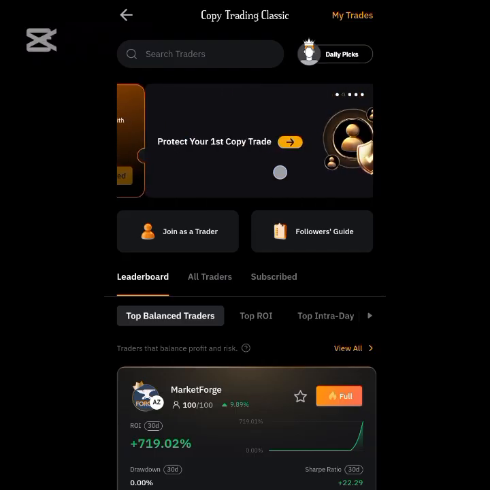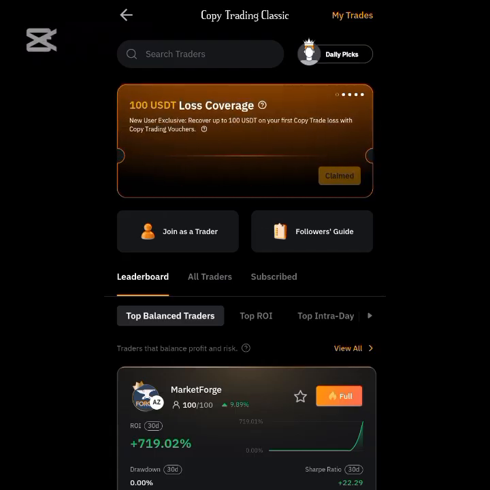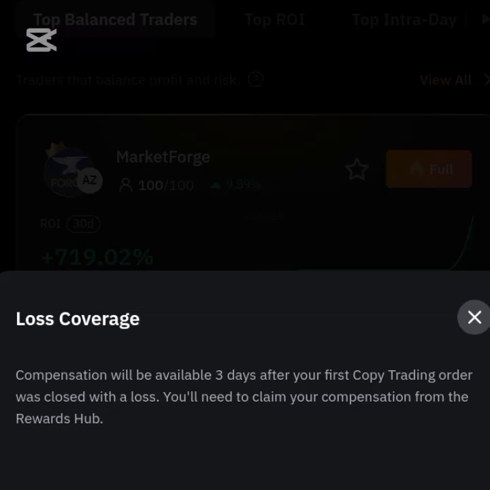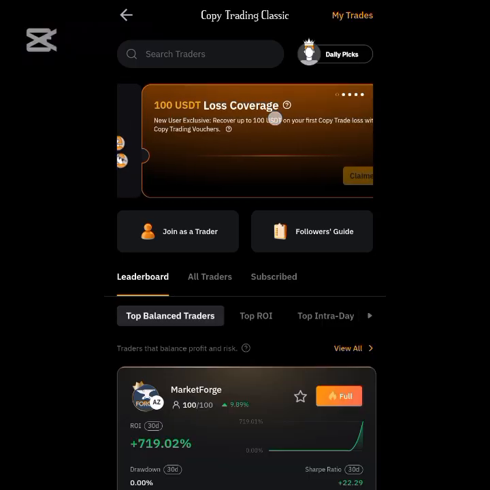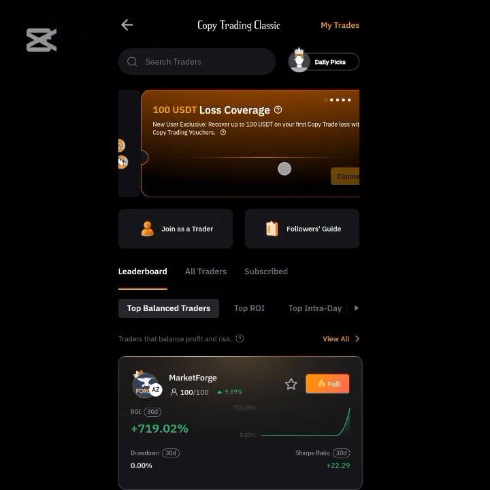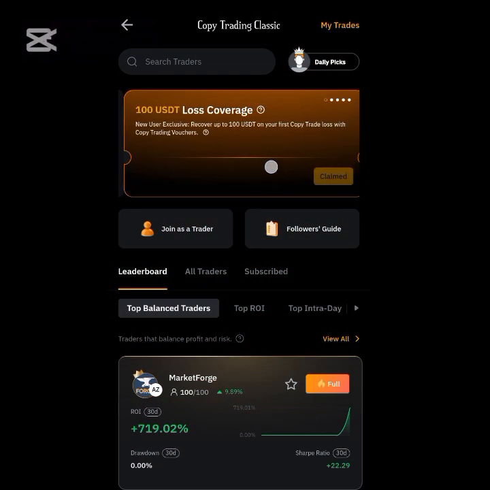So we have successfully claimed the voucher. New user exclusive, recover up to $100 on your first copy trade voucher. So basically you have received a $100 voucher for this purpose. Any loss we incur for the first $100 we are trading with will be voided. So they said you have successfully claimed. Now follow a master trader.